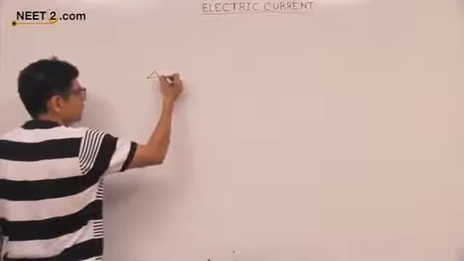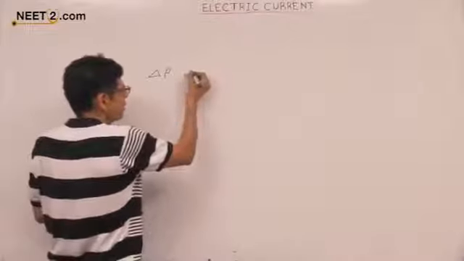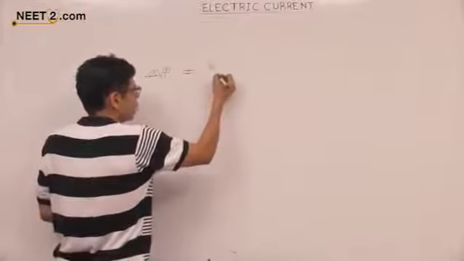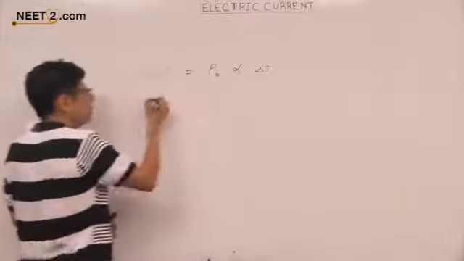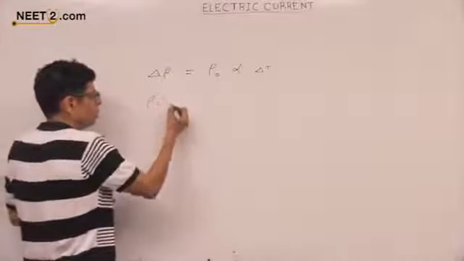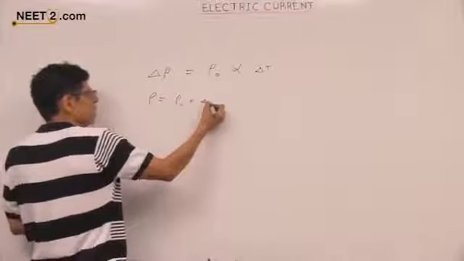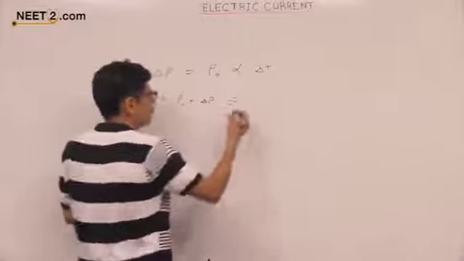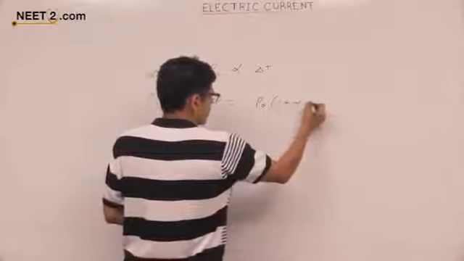For many materials, it increases with increase in temperature. The increase in resistivity is given by rho 0 alpha delta T. The new resistivity, rho, is given by the old resistivity plus the change. So what do you get? You get rho 0 into 1 plus alpha delta T.